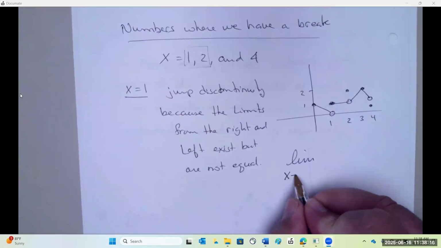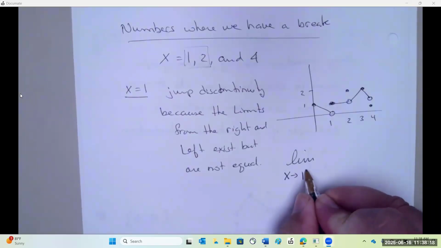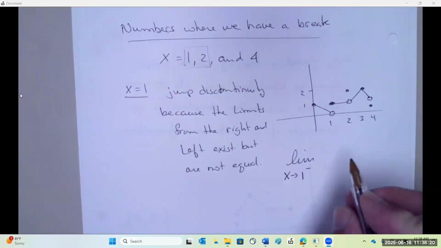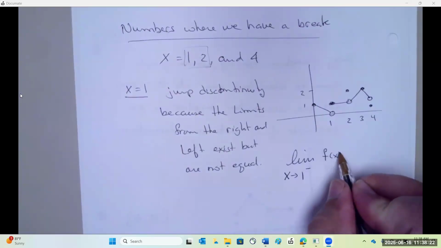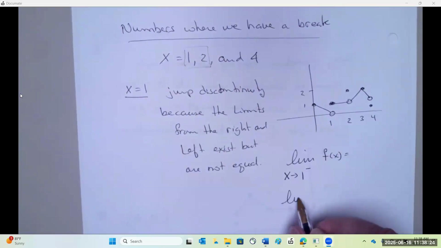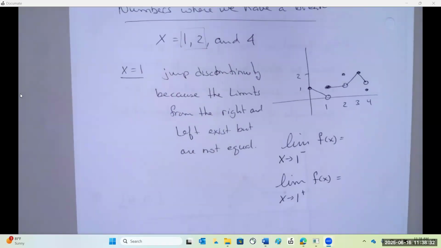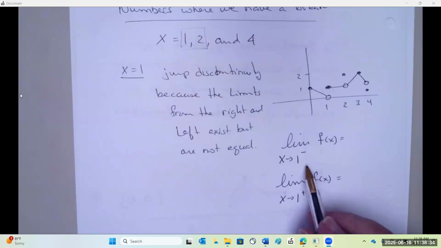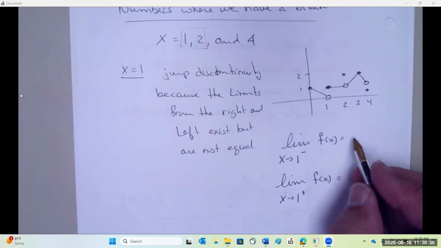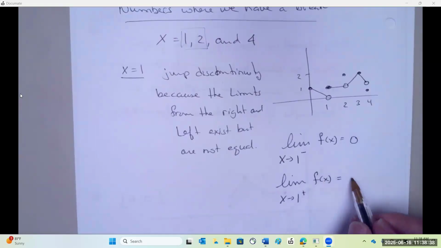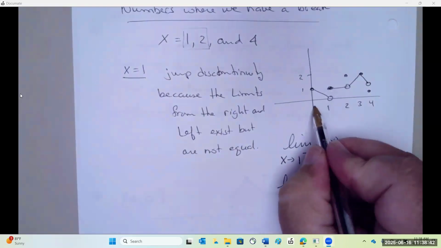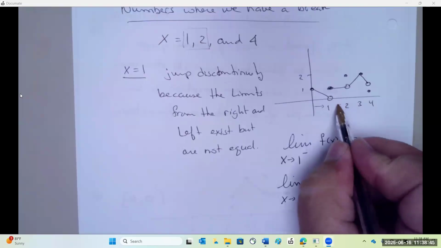The limit as x approaches 1 from the left and the limit as x approaches 1 from the right. What are their values? From the left, it's going to 0, and from the right, it goes to 1.